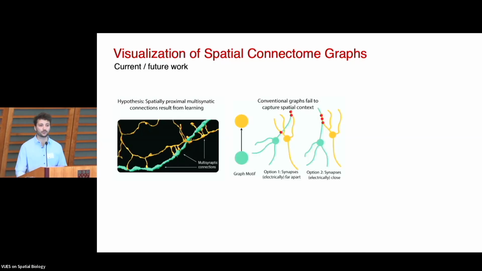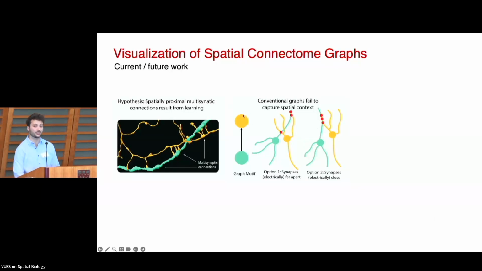However, if you just represent this connectome as a conventional graph, the graph motif would look somewhat like this here, which is kind of ambiguous and is not really capturing the structure that we are looking for. It could be that those synapses here shown in red are really far apart, like in this example, or that they're really close together, which is more like what we're looking for in this example.